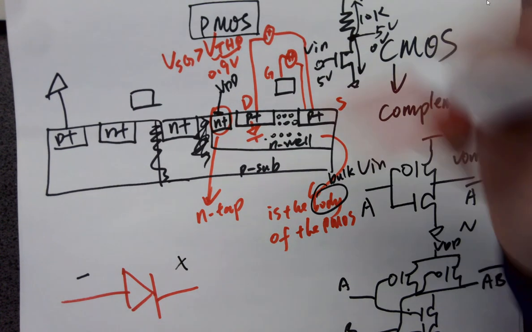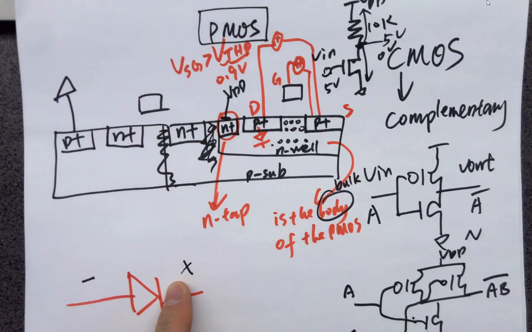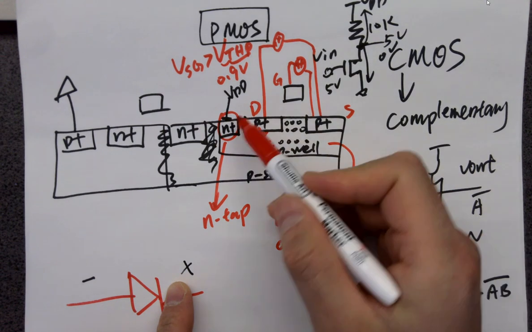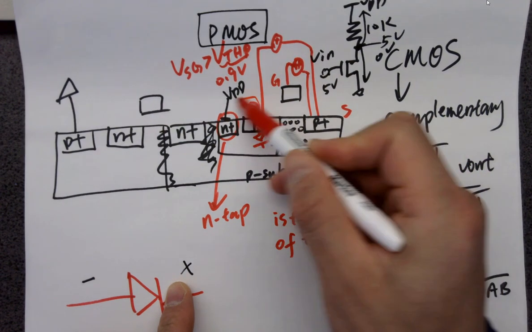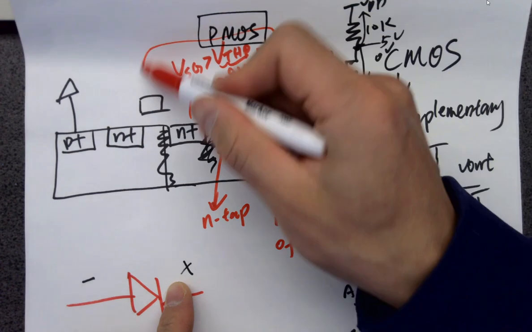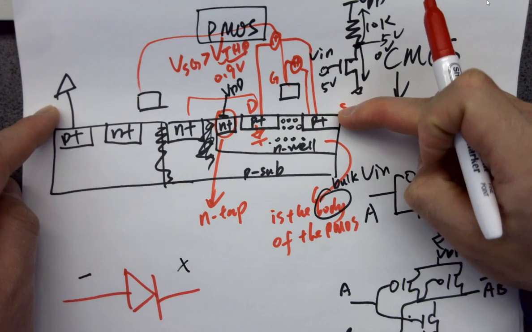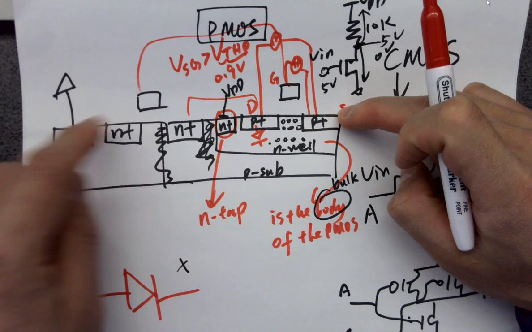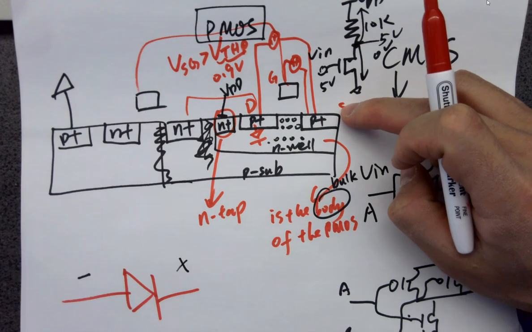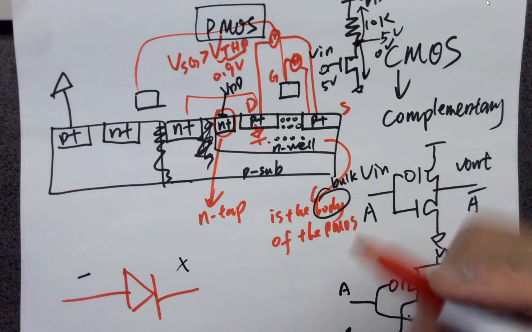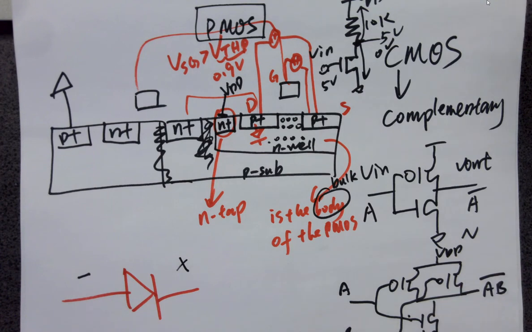Just short the two gates, and drain to source gets shorted. So just like this. Then connect this to VDD, connect this to ground. Okay, then that's an inverter, right? Pretty simple. Any question on this?